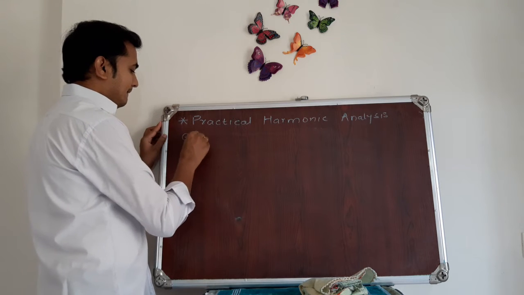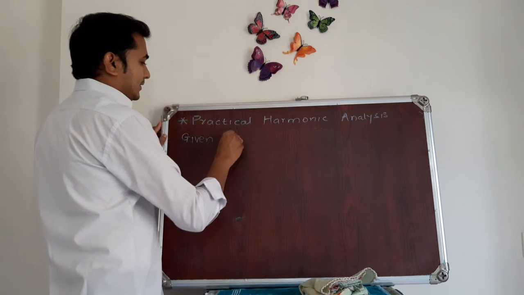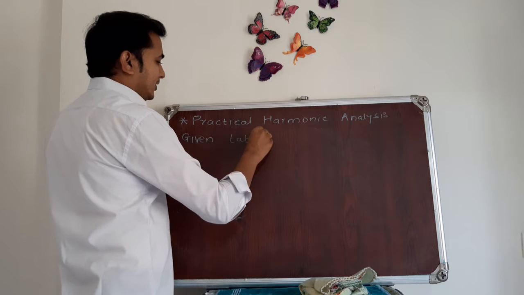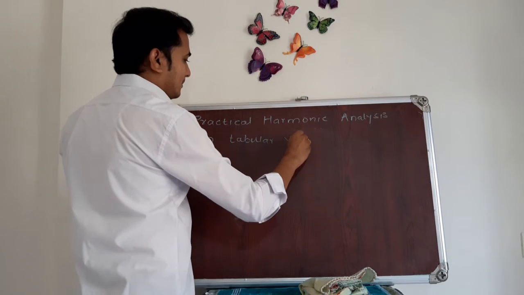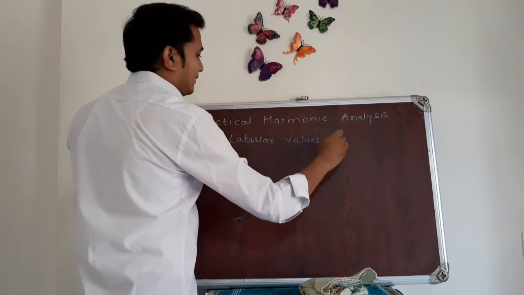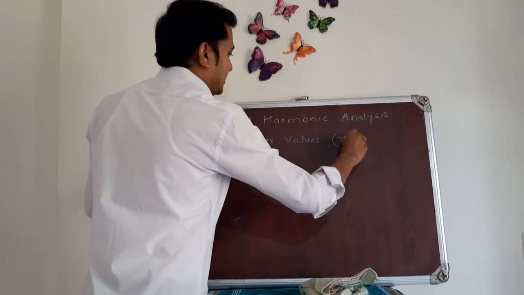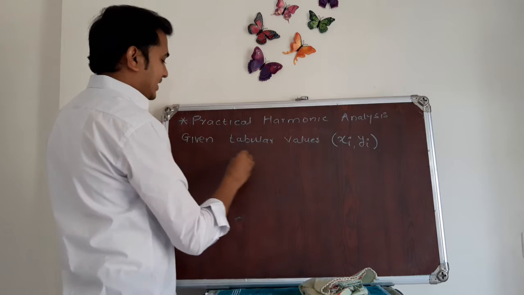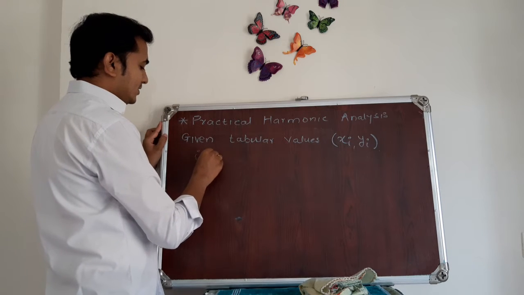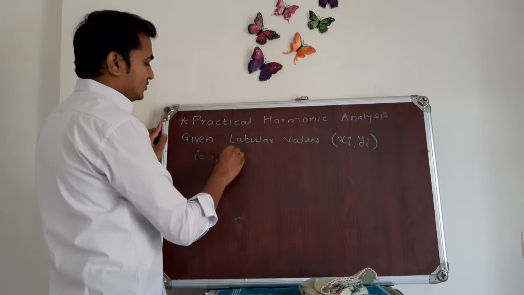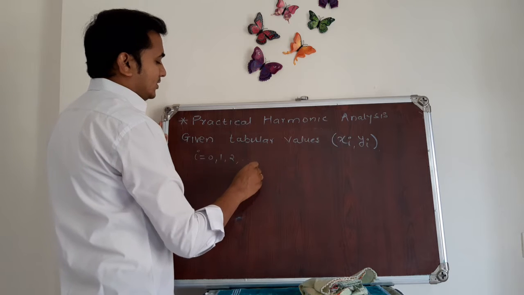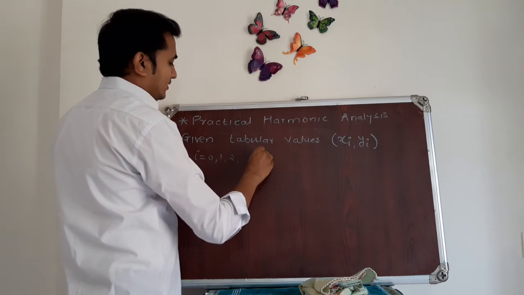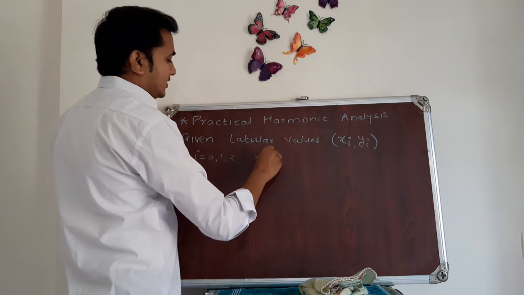Given tabular values xi, yi, i running from 0, 1, 2 up to m minus 1.